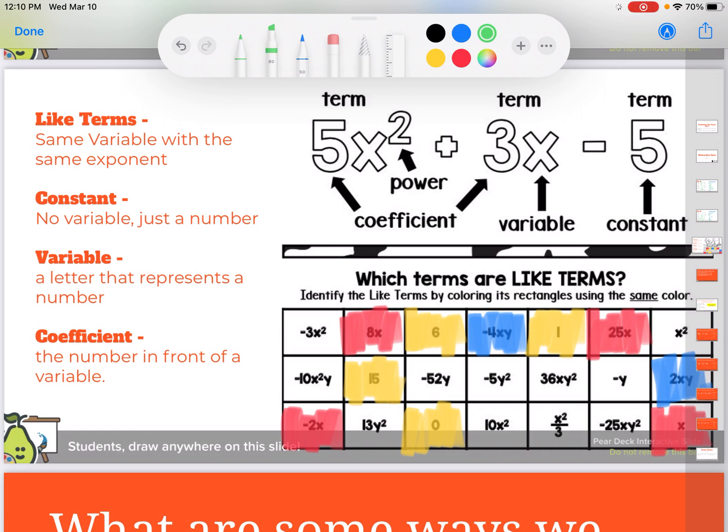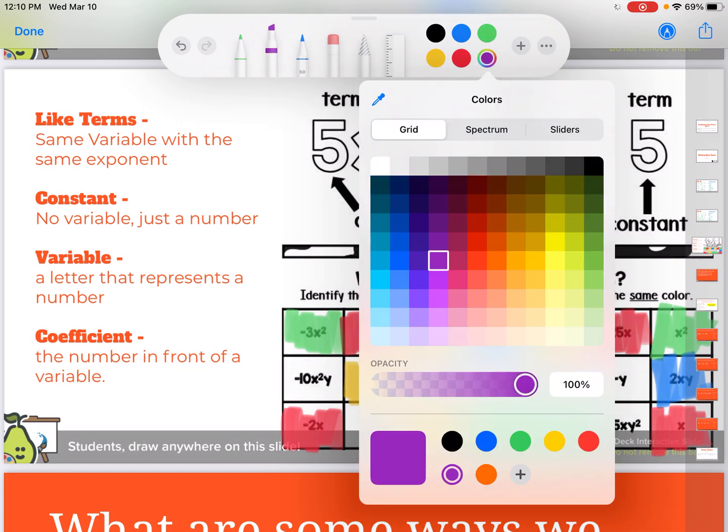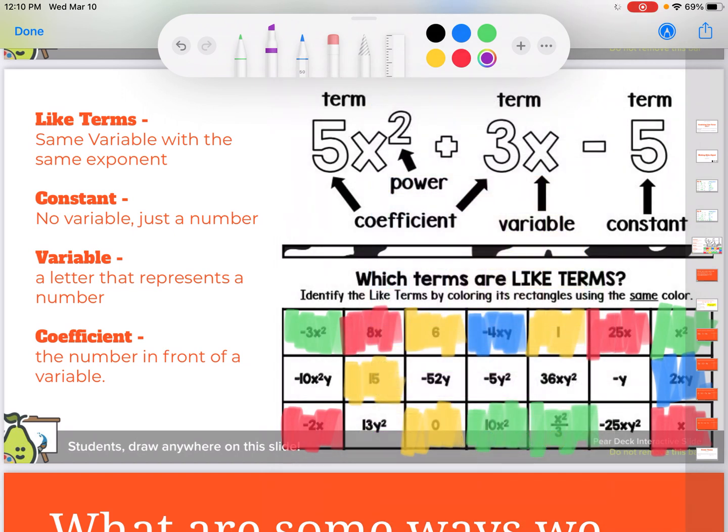Okay, so now I'm going to look for all the x squareds. So this one is an xy squared. That one's an xy squared. So now I'm going to look for an xy squared. An xy squared.